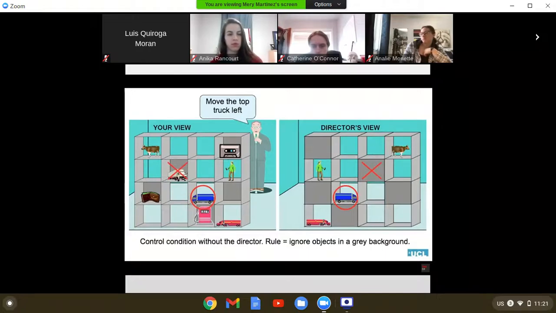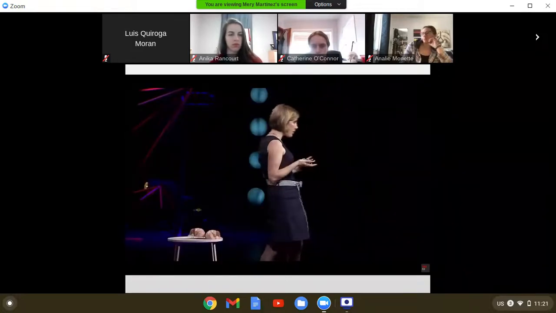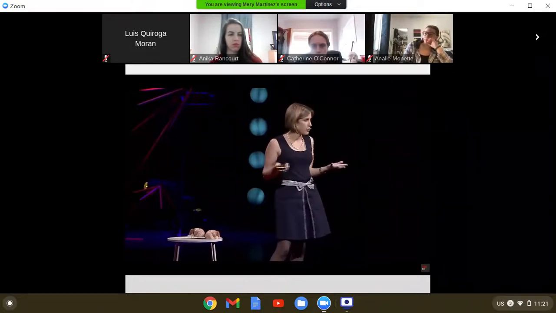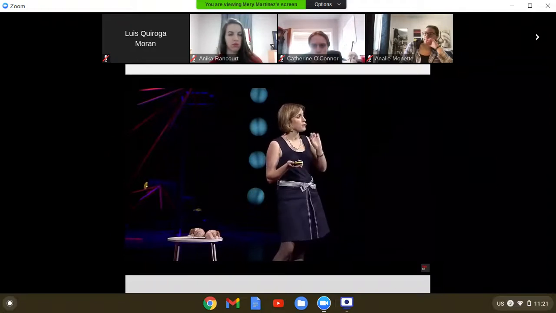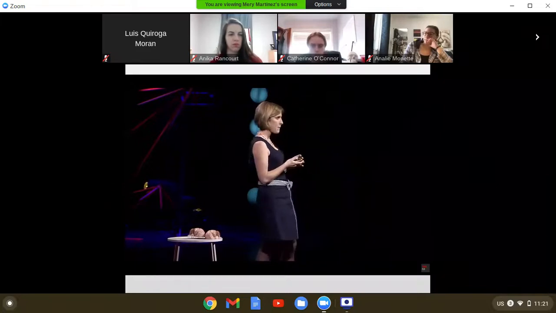Instead, you've got to ignore objects with a dark grey background. You'll see that this is exactly the same condition, only in the no director condition, they just have to remember to apply this somewhat arbitrary rule, whereas in the director condition, they have to remember to take into account the director's perspective in order to guide their ongoing behavior.